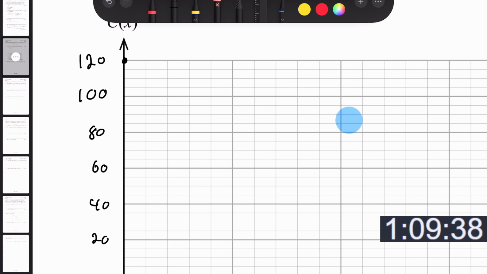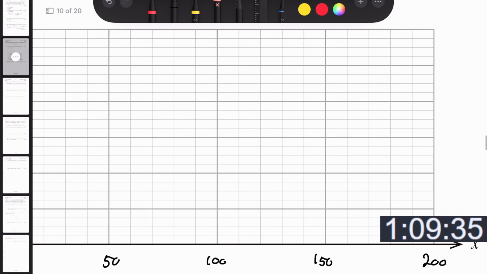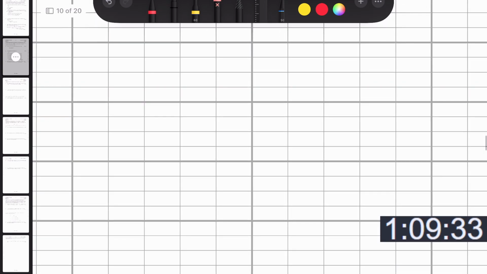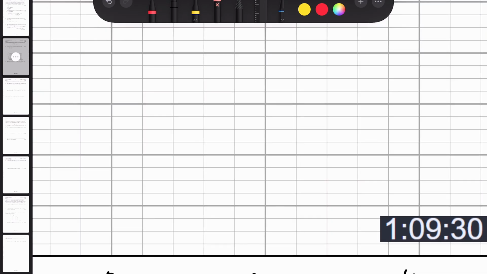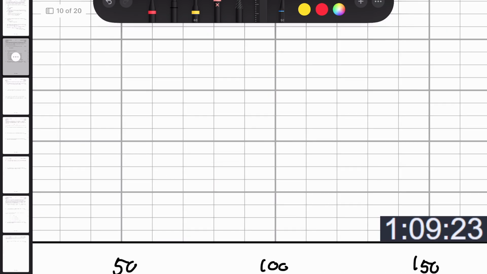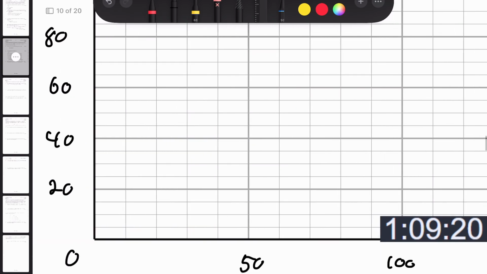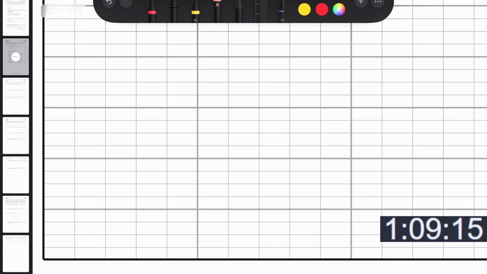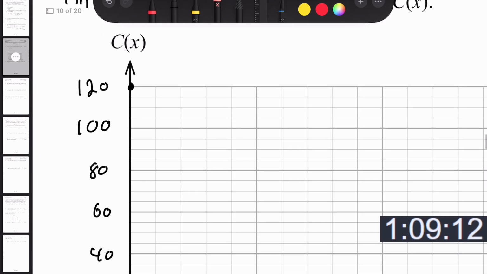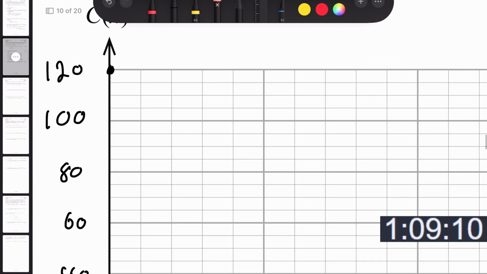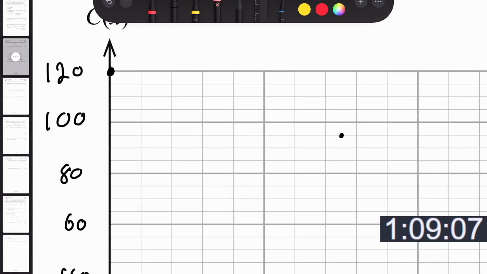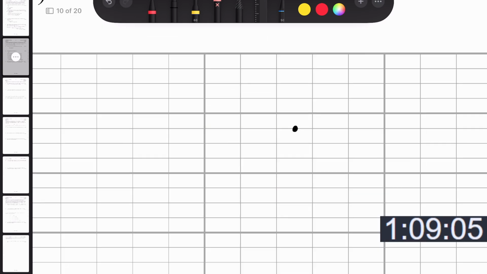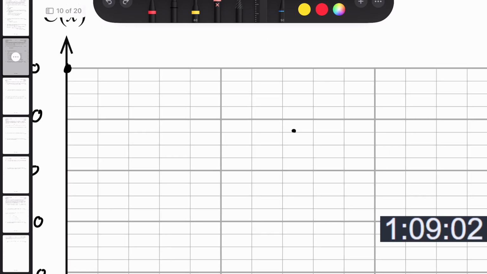Let's find the minimum. It's at 74 and 93. So 74 is about there. And analysis, minimum: 95, 80, 90, 95, 74, there.